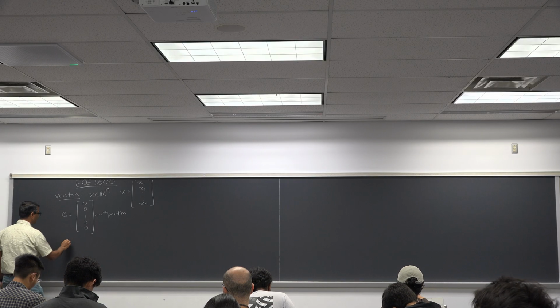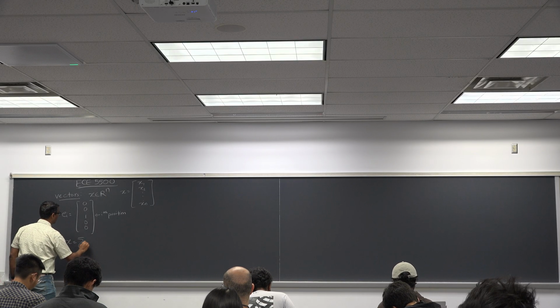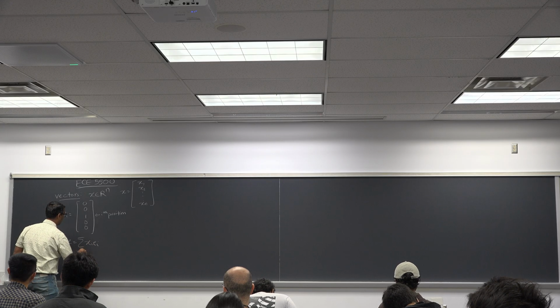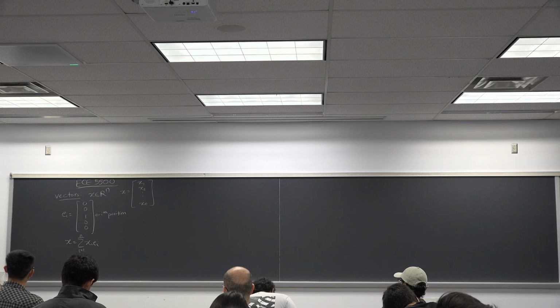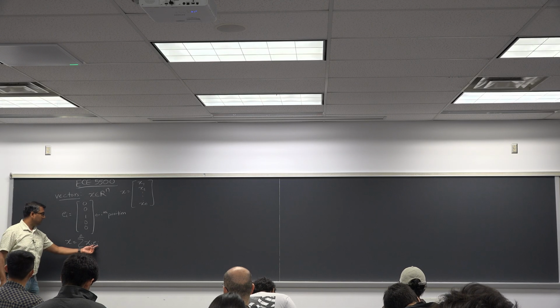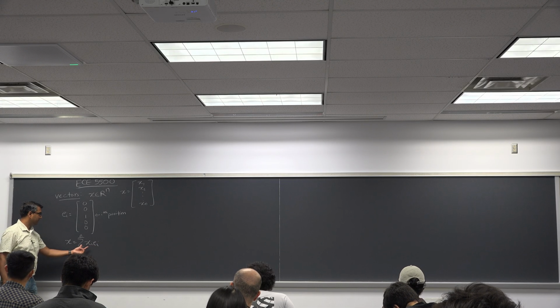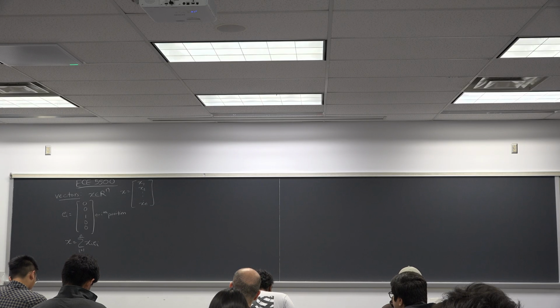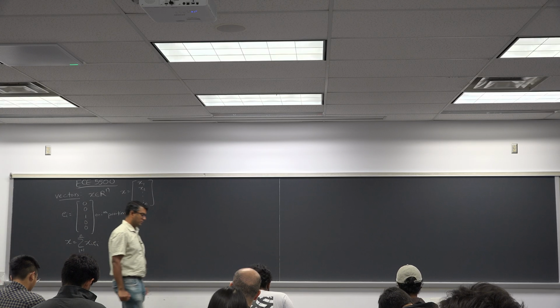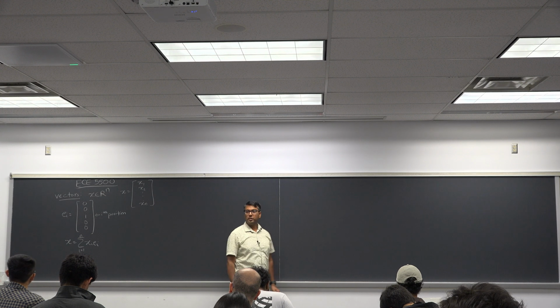And consequently, you can write x as summation of xi ei, i equals 1 to n. So xi is a scalar, ei is a vector. I'm summing up all these vectors in order to get the vector x. We are just setting up some notations here.